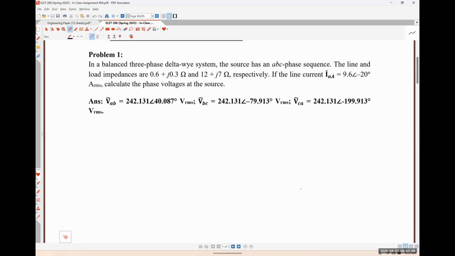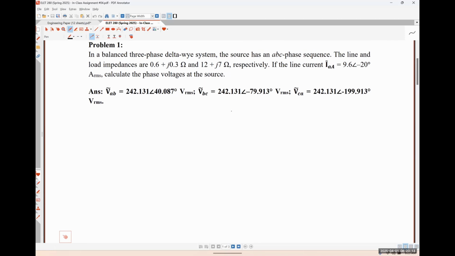So I'm going to draw a picture of my system. I've got a balanced three-phase delta source, so that's going to look something like this. So here's VCA.